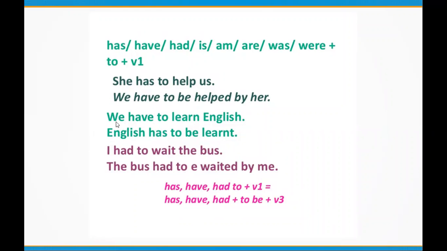For example, we have to learn English. English has to be learned. So we have to add to be. I had to wait the bus. The bus had to be waited by me. So we have to add just to be plus B3.